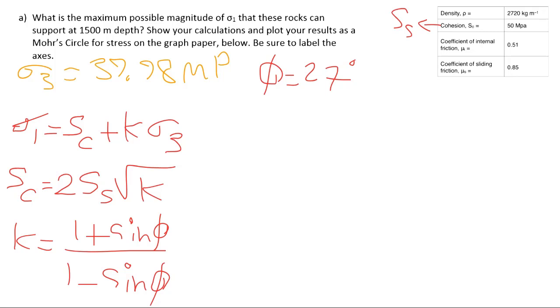I'm going to calculate sine phi, which is equal to 1 plus 0.45 over 1 minus.